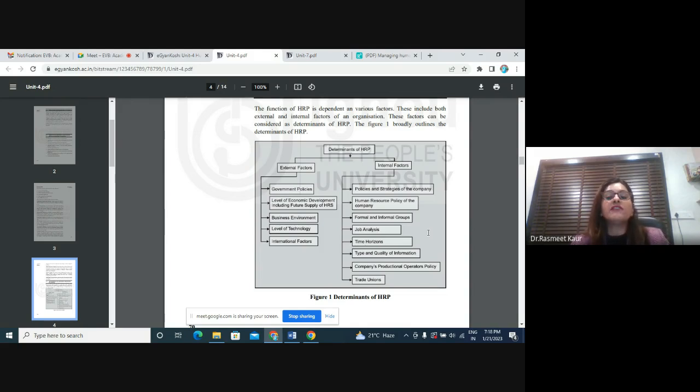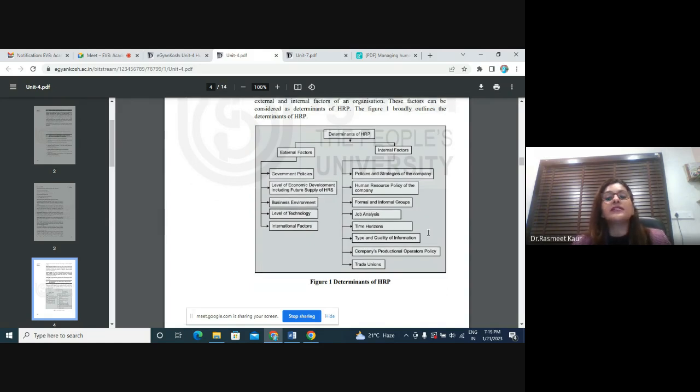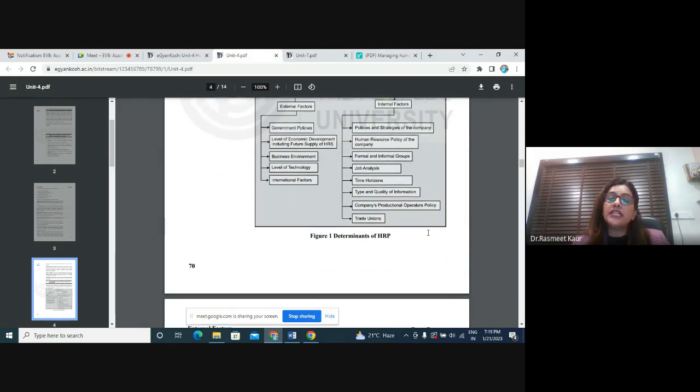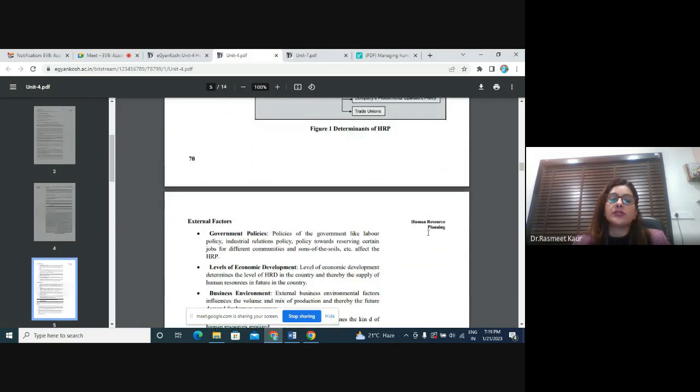Only the internal factors, that is the policy of the organization, the strategy of the organization, the analysis of how you need to do that particular job, the quality of the HR or the type of information you require. Let's say talking about the trade union, these are all internal and can be changed, modified, and adjusted anytime as per the need of that particular organization.